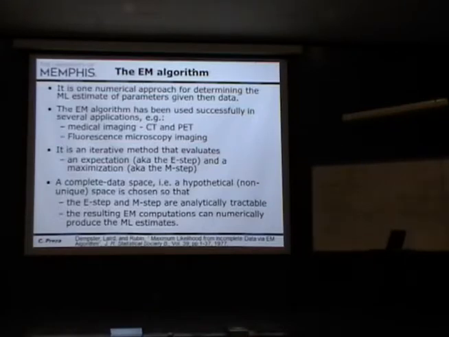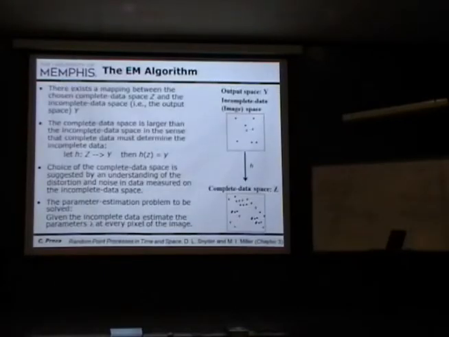And it's a bit of an art, because you can create different expectation maximization algorithms for the same problem, depending on how you choose this data space. That's an interesting aspect to it. It's a design, and as in all designs, there's more than one solution.